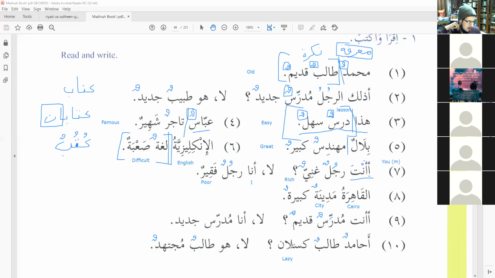Sigha mubalagha is like the pinnacle of something, like the utmost extent of something, which is Ar-Rahman, right? If Rahma is mercy, then Ar-Rahman is the pinnacle of mercy, right? So these things can have different phonetic patterns, and they take a little time to learn, but it's very rewarding.